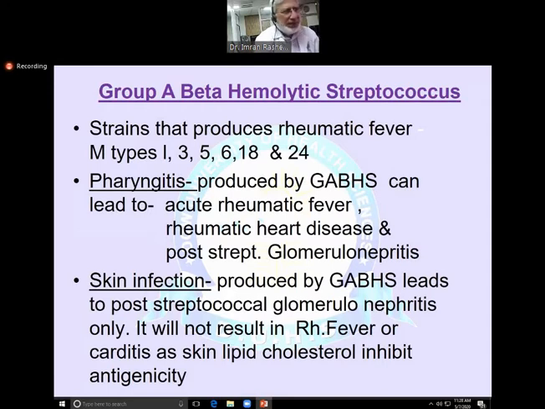To simplify, certain strains cause pharyngitis and may cause acute rheumatic fever, rheumatic heart disease, and post-streptococcal glomerulonephritis, but those strains that only affect the skin have the potential to cause only post-streptococcal glomerulonephritis. They don't cause rheumatic fever or rheumatic heart disease.